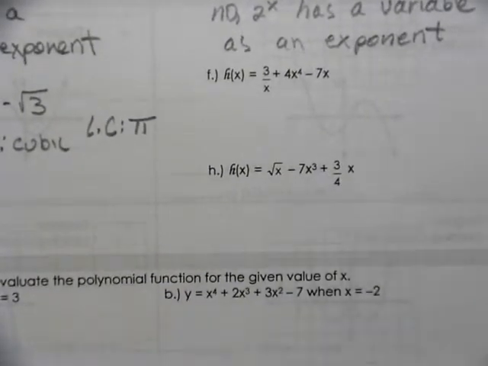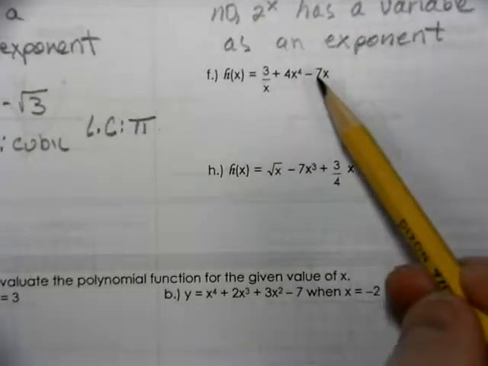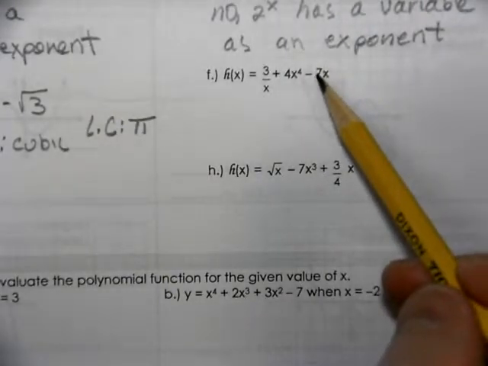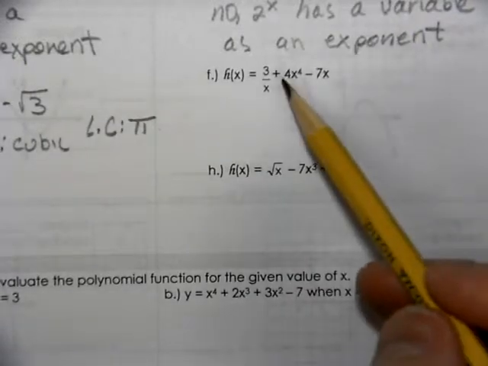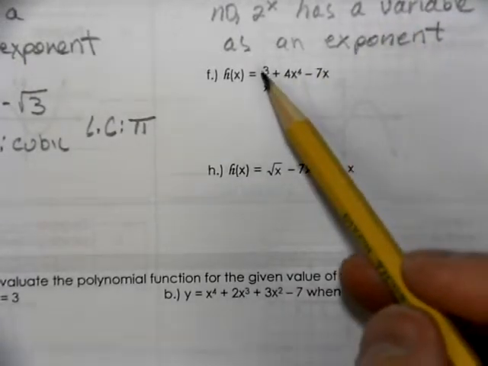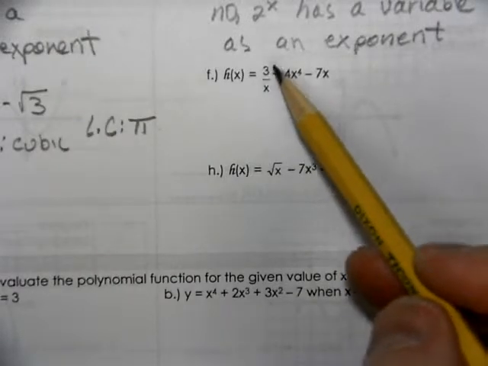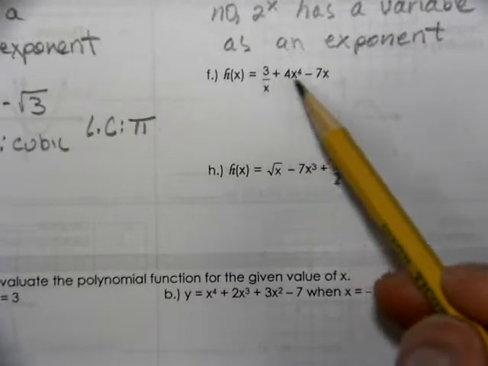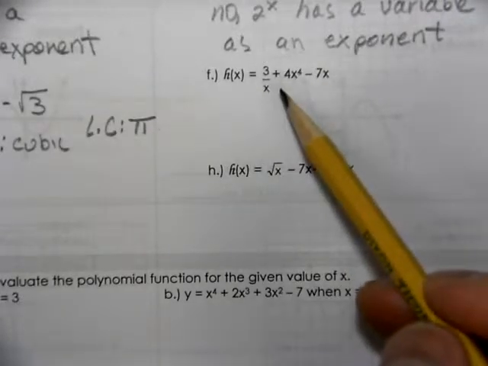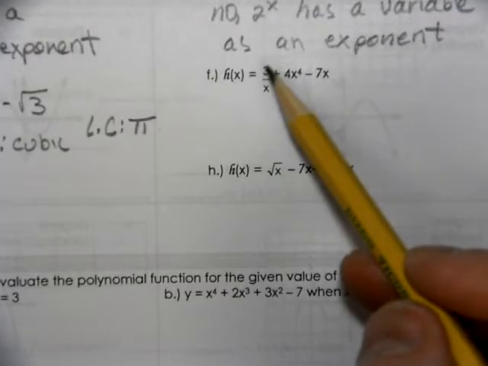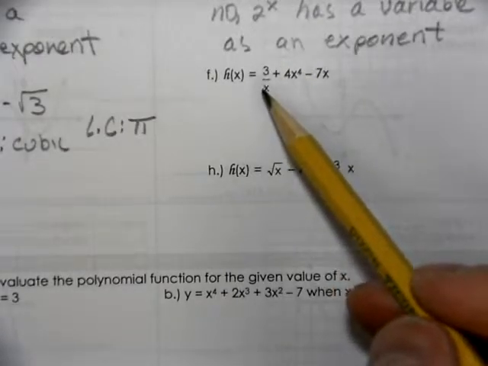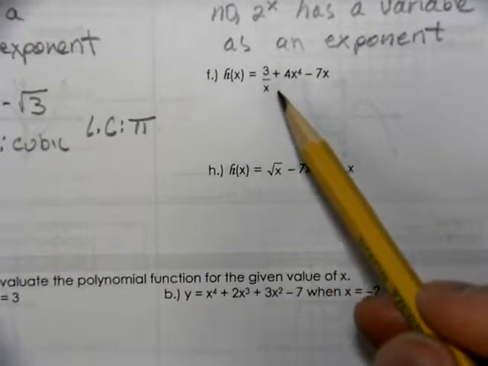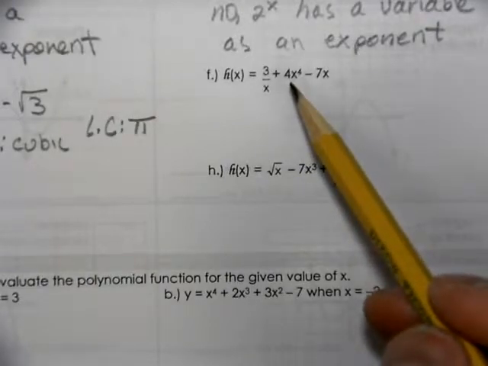What do you think about F? Is that a polynomial? It's okay to have 7x. 4x to the 4th is okay. 3 by itself would be fine, but you can't divide by a variable. That limits what x can really be. X could not be 0 for this whole function. If you plug this equation into your graphing calculator, you would see that at x equals 0, the graph wouldn't exist. Looking at the table, you'll see an error.